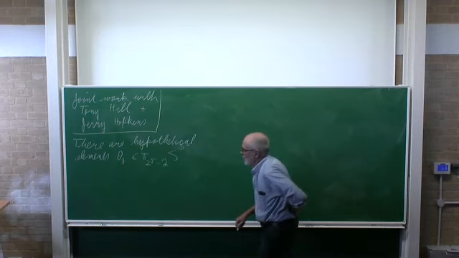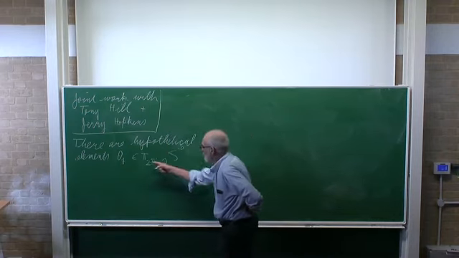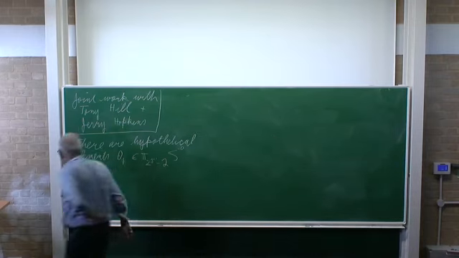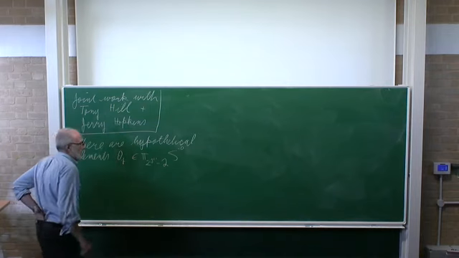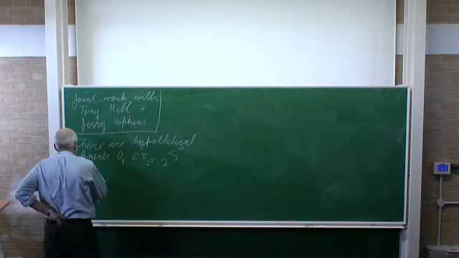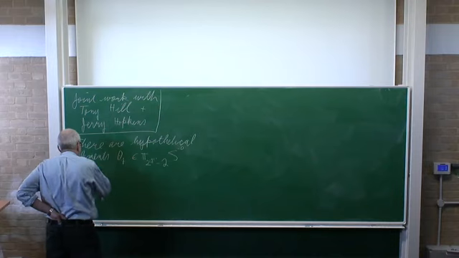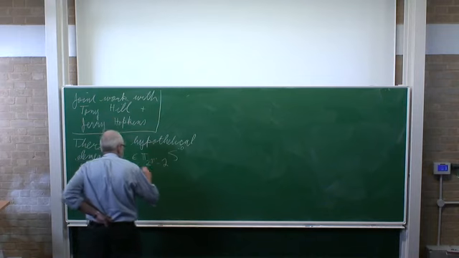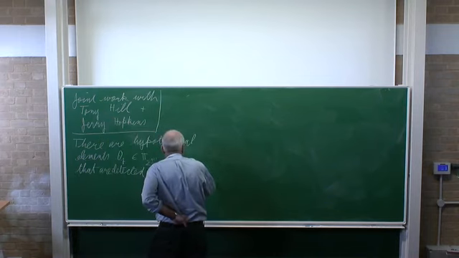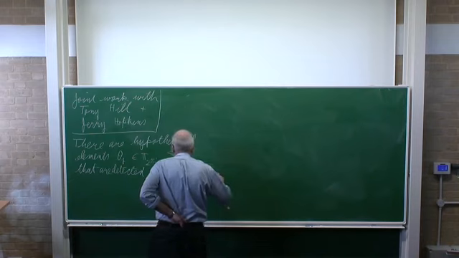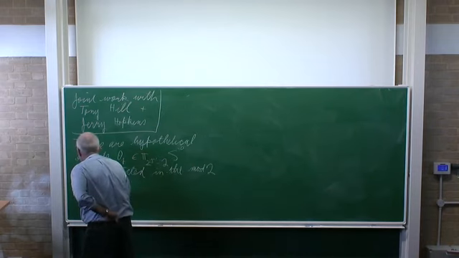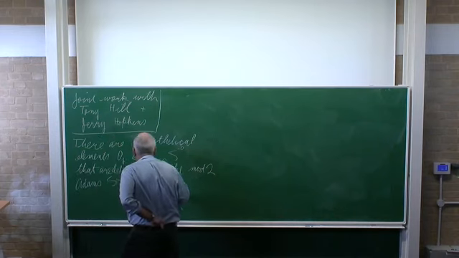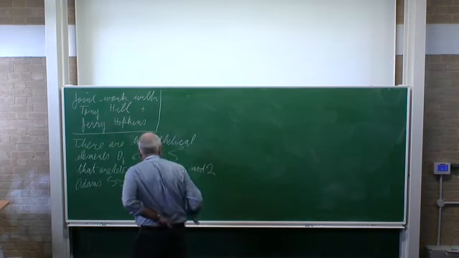There are hypothetical elements known as theta j that live in this dimension in the sphere spectrum, and they are detected in the mod 2 Adams spectral sequence by the element h_j squared.